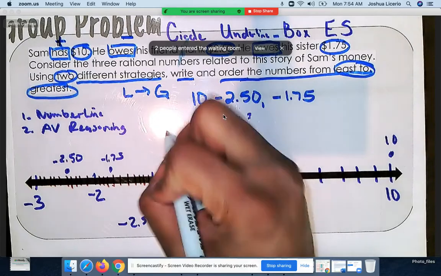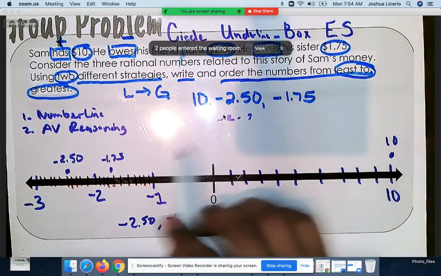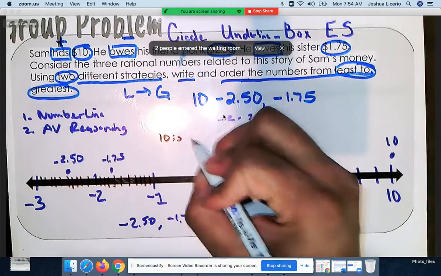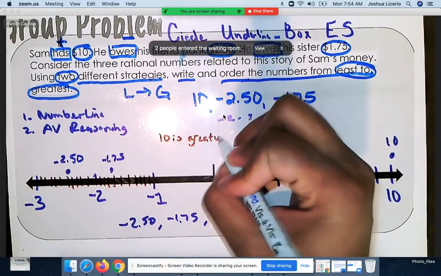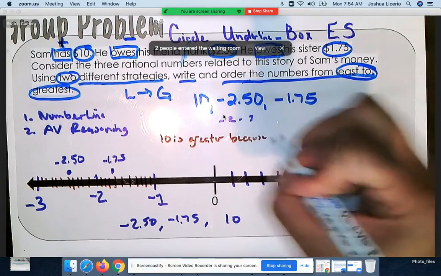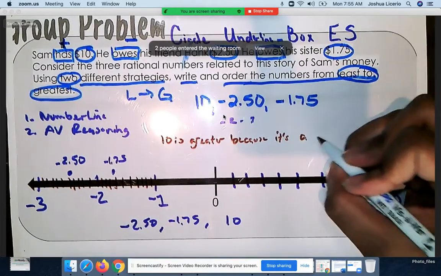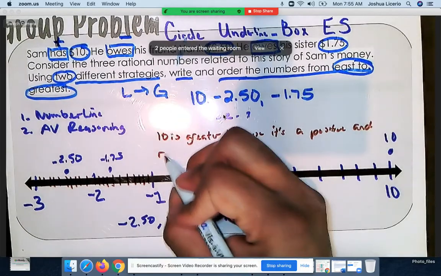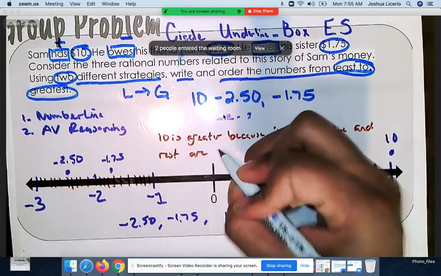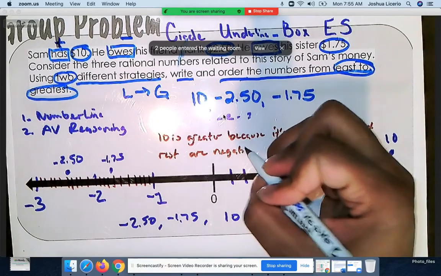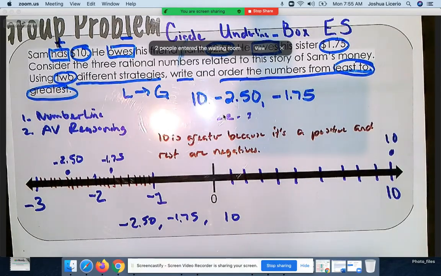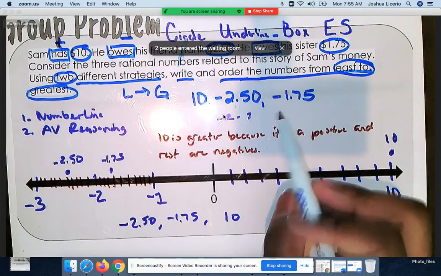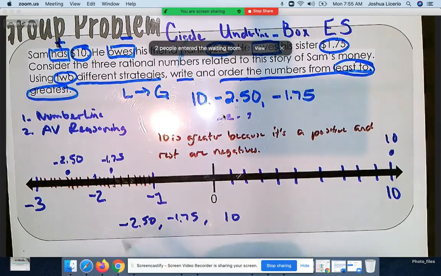So I know already when comparing $10 to the rest of my rational numbers, $10 is greater because it's a positive and the rest are negatives. Now, when it comes to our two negative numbers, we can actually use absolute value reasoning in order to prove why one is greater than the other.